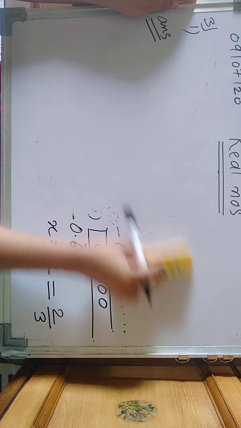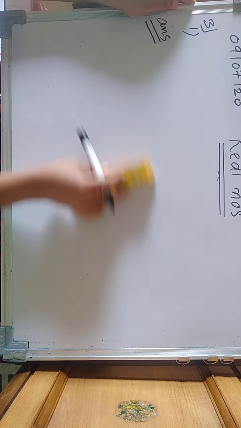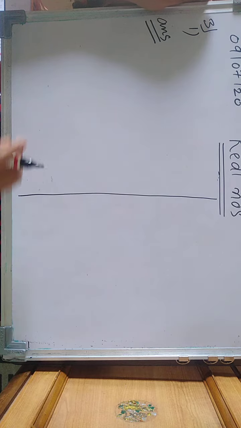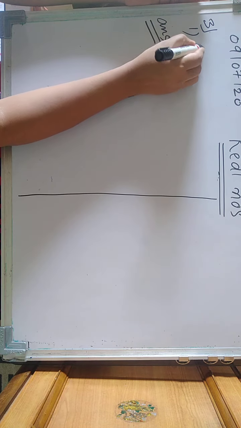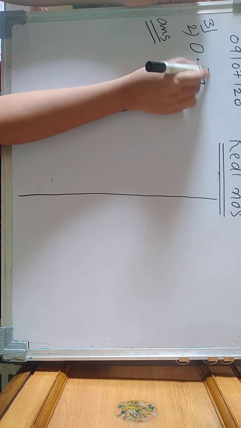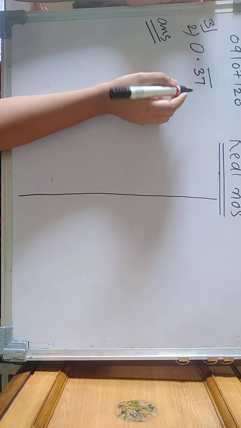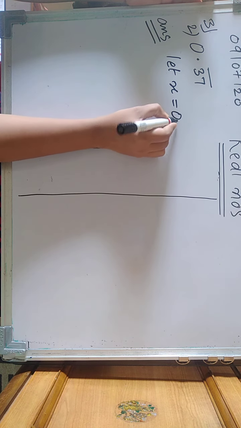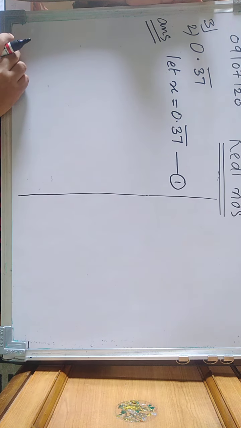Let's see when there are two numbers repeating, then how to solve this sum. Okay, let's see an example in which two numbers are repeating. For example, question number 2, 0.37 recurring. Now let's see 0.37 recurring. Step number 1, you call 0.37 recurring as x and call it step number 1.